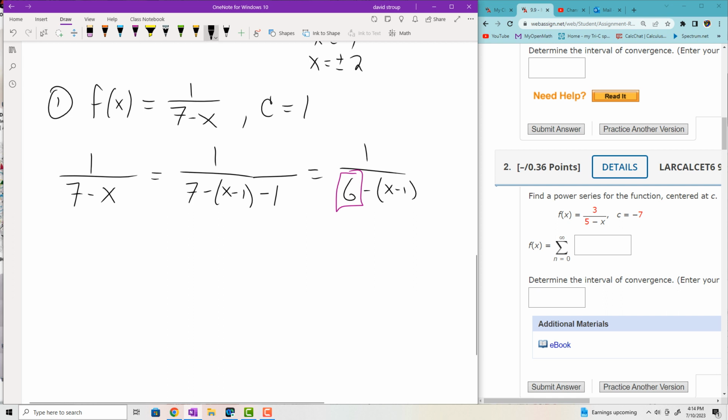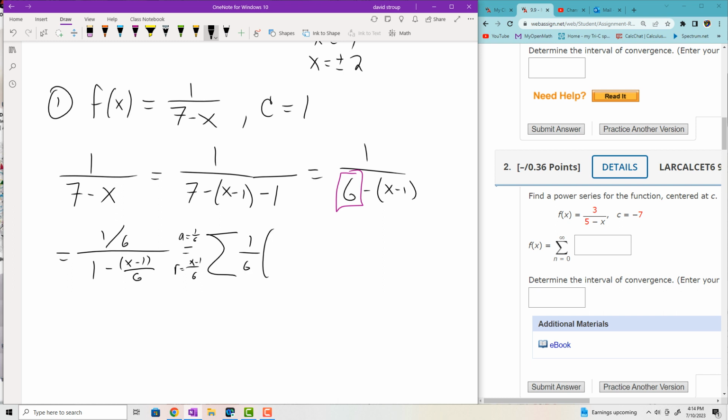Okay? All right. So I need a 1 in that position. So I'm going to factor out the 6 from the denominator and pull it into the numerator for the a value. So I get 1 over 6 all over 1 minus x minus 1 all over 6. And then that's pretty much it, right? So my a value is 1/6. The r value is this crazy x minus 1 over 6. So I have the sum of 1/6 times x minus 1 all over 6 to the nth power from n equals 0 to infinity.